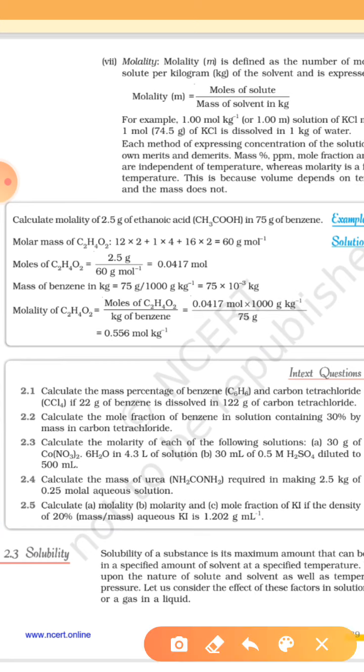Same as before, at first we calculate the molar mass of C2H4O2, its moles, and after that the molality: moles of C2H4O2 upon the value in kg. So it's 0.0417 mole into 1000 upon 75 gram, and its value is 0.556 mole per kg. These are examples.